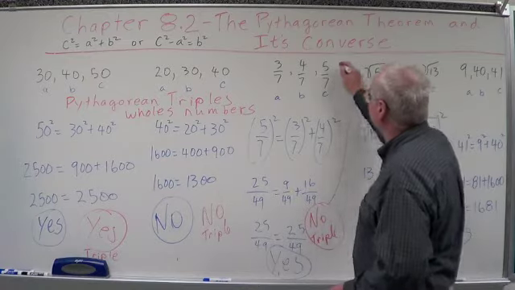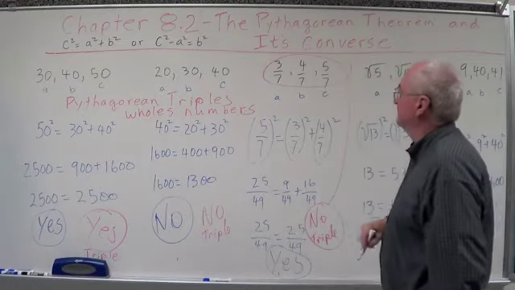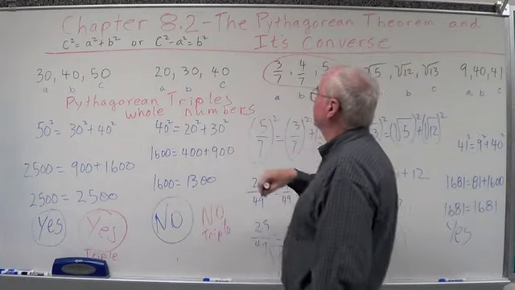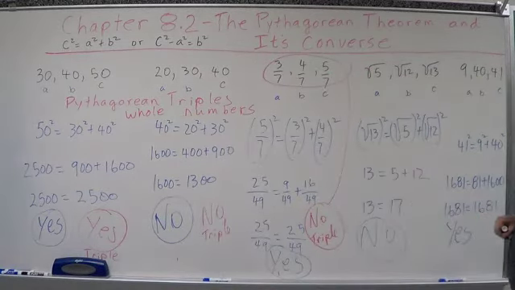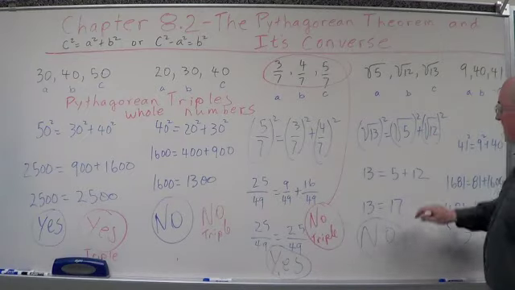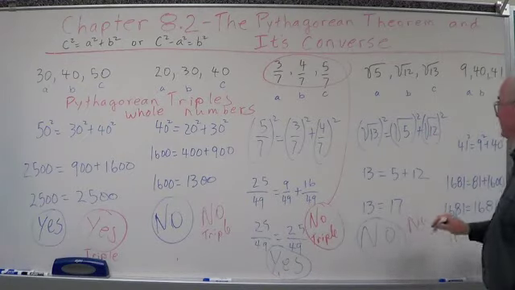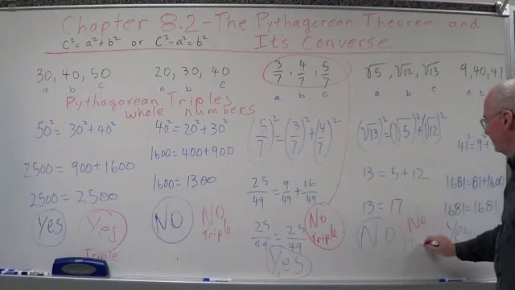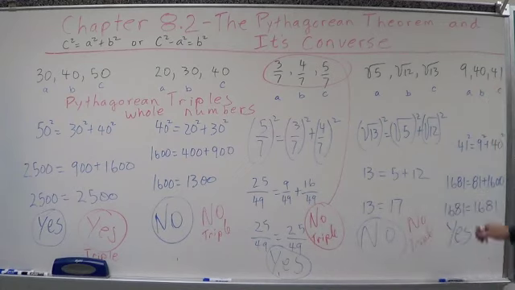Why? Because they have to be whole numbers. They're not whole numbers and they don't satisfy it. No triple. Okay? This one, they're whole numbers. Do they satisfy the Pythagorean theorem? Yes. This is a triple.